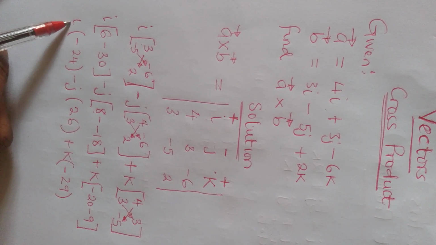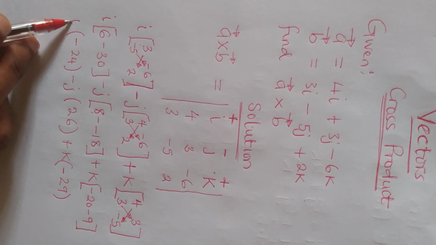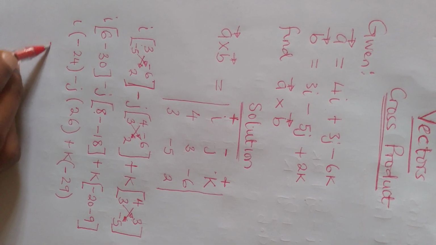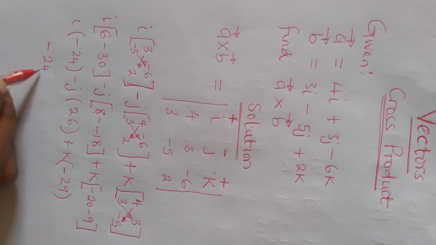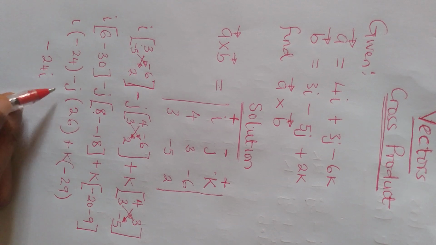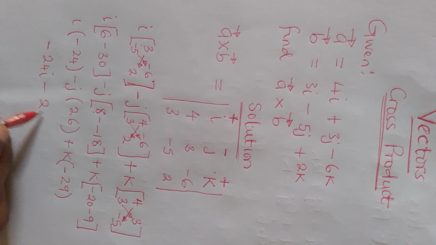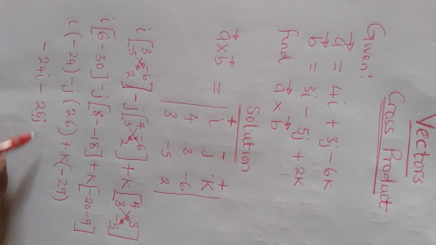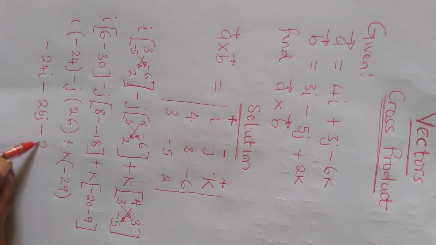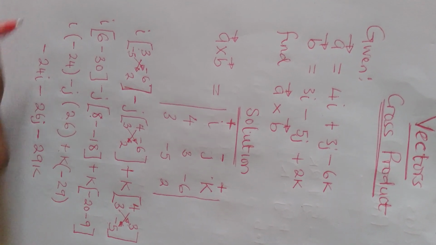So at this point we can open the bracket. i times minus 24 will give us minus 24i. Minus j times 26 will give us minus 26j, and k times minus 29 will give us minus 29k.